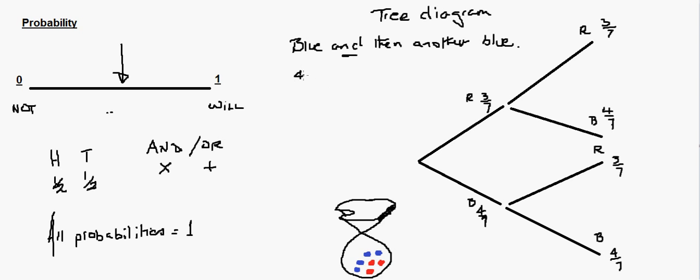So this would be 4/7 multiplied by 4/7. Remember we multiply straight across, so this would give me 16/49. And that would be the probability.